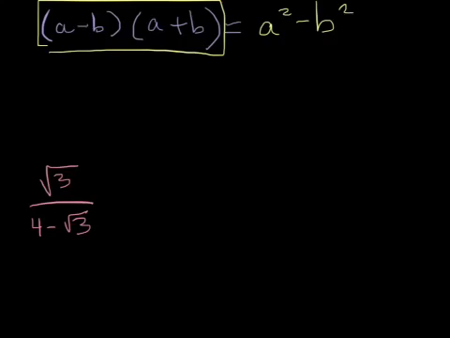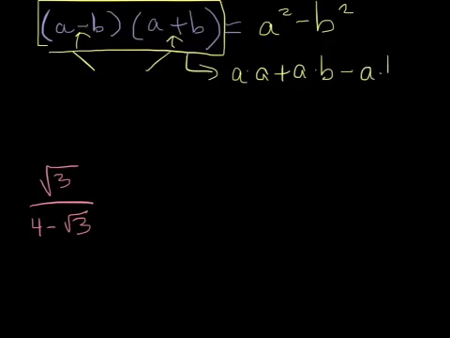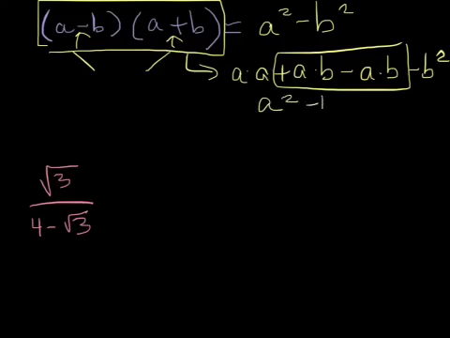So we know when we multiply two binomials that are identical except for the sign in the middle, we get rid of that middle term, right? Because what actually happened here was we have a times a plus a times b minus a times b minus b squared. And these two terms add up to 0, so we'll get a squared minus b squared.